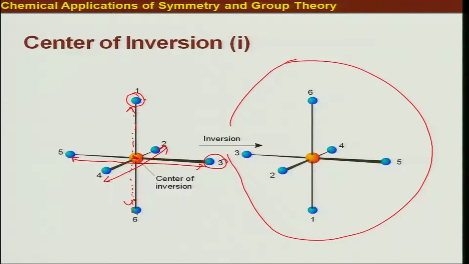So you can see, I said 1 will go to the place of 6 and 6 will come to the position of 1. That's what exactly is happening, right? 6 and 1, they are interchanging their position.